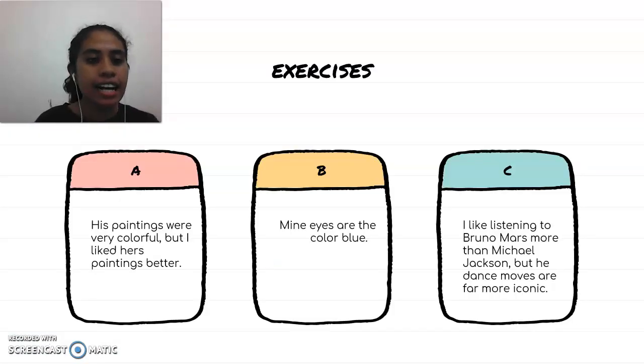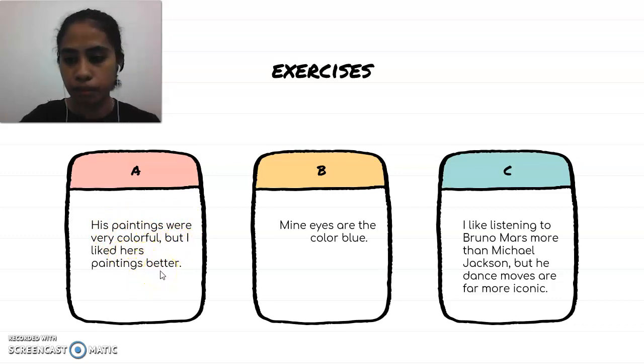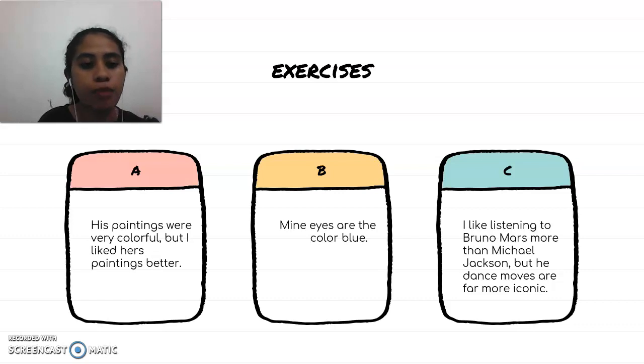So guys, after you listen to my explanation about possessive pronouns, let's do the exercise. First, his paintings were very colorful, but I liked her paintings better. So, what is the possessive pronoun?